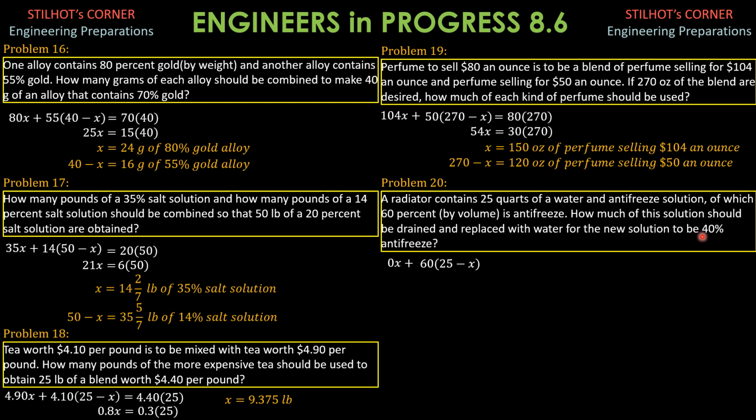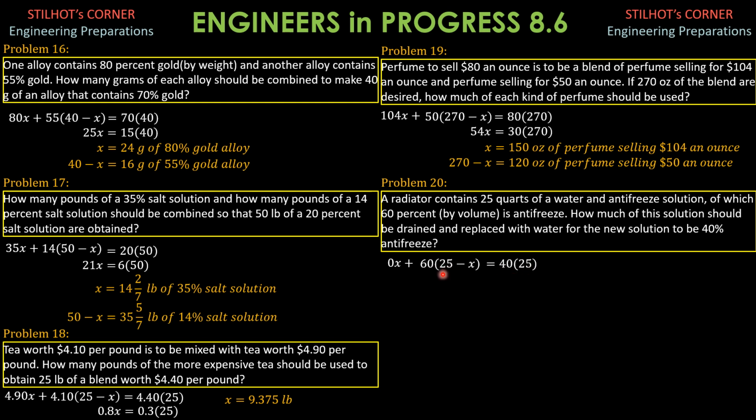So the amount is still 25 quarts because we drained it, then replaced it with x water. So the resulting volume is still 25 quarts. So 40% times 25.